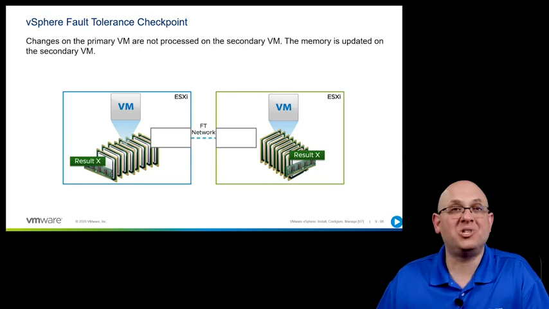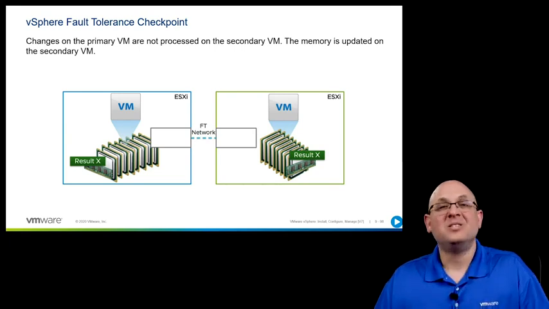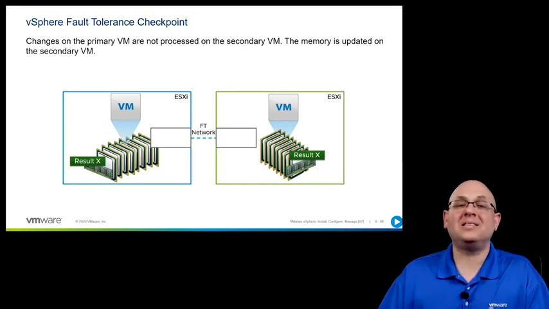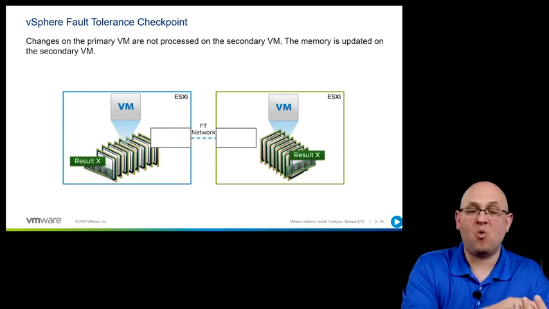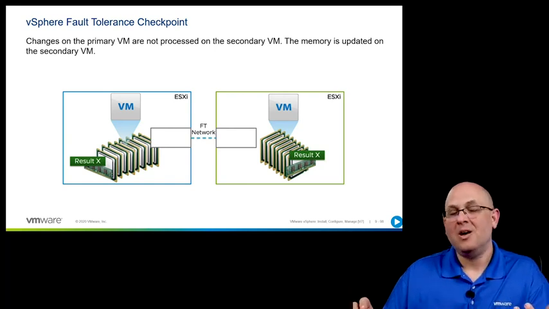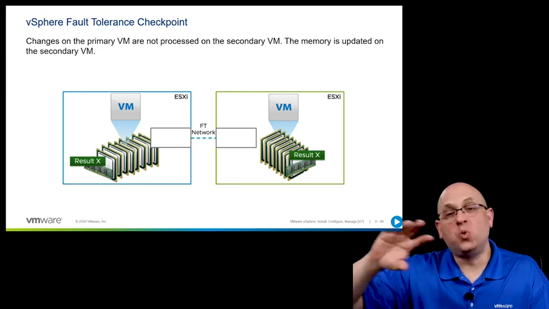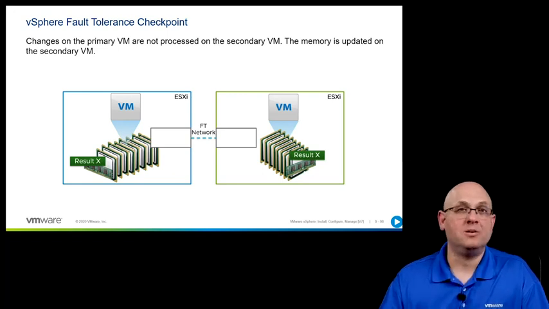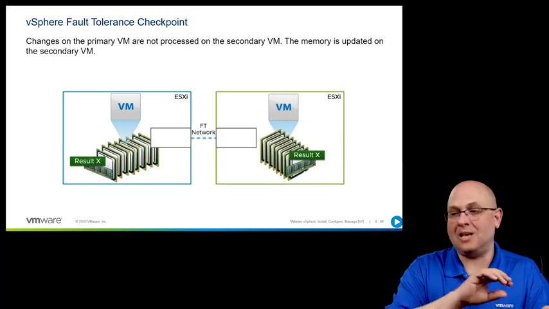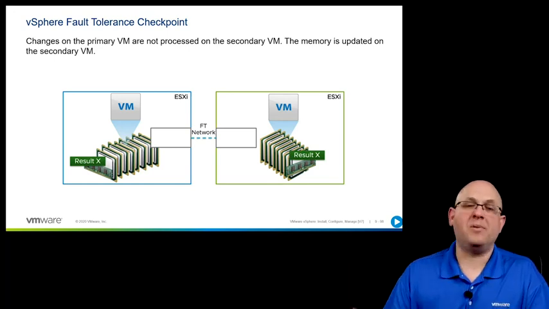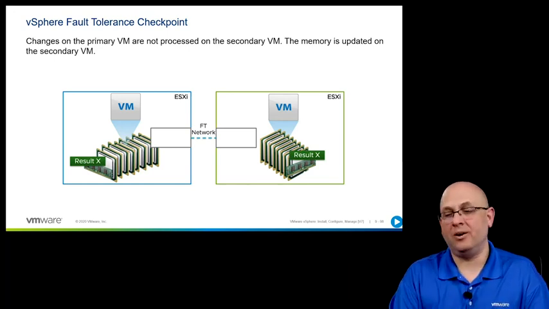It's called vMotion, you remember, right? So what this does is it utilizes the idea of vMotion, copying changes of memory from one host to another host, but rather than switching to the secondary host, we never do that until there's a failure. We just continue to copy changes from the primary to the secondary host.